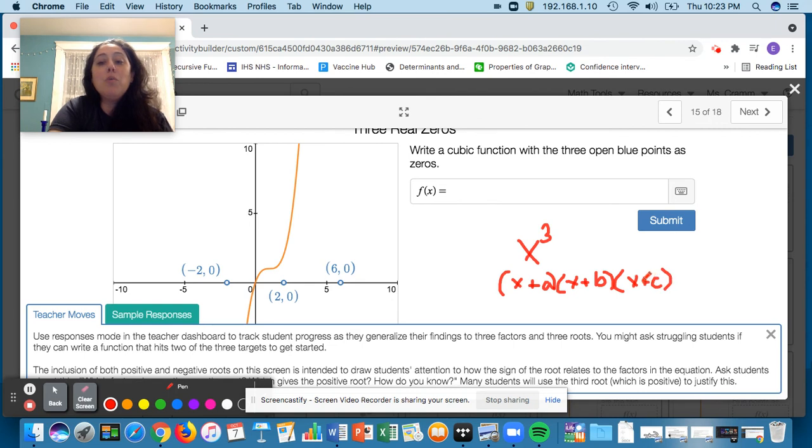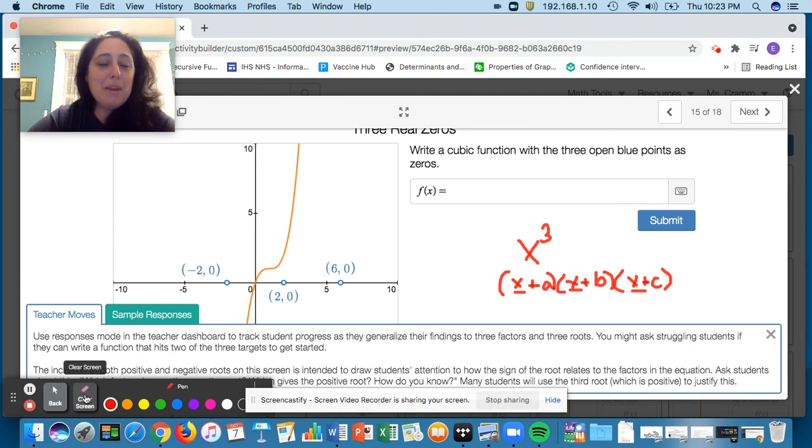If you were to rewrite this in standard form, doing all of your multiplying of binomials, multiplying your polynomials, you would get a function that starts with x to the third, because x times x times x is x to the third. That may have been way too much, but you're welcome.